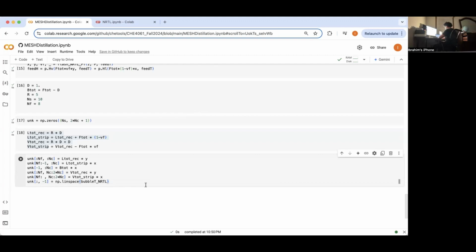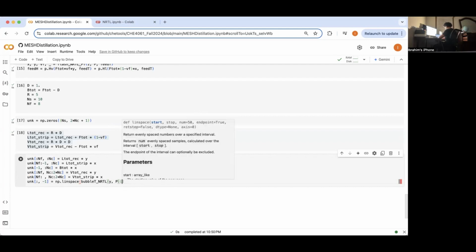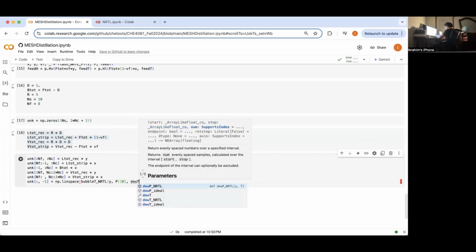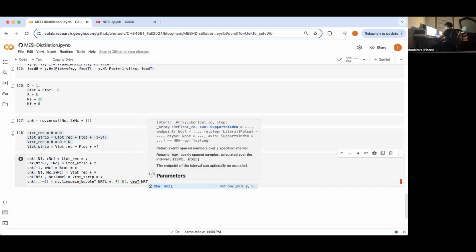I got a little confused here, but we're going to open another parenthesis and use our Y composition and our total pressure, and then our zero function. Then a comma here, and we'll look at our dew temperature for NRTL.